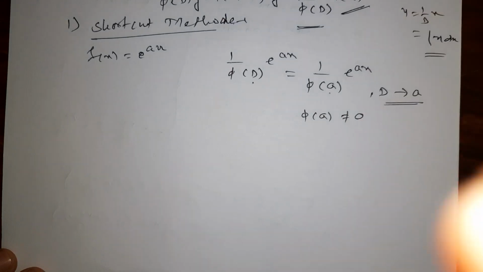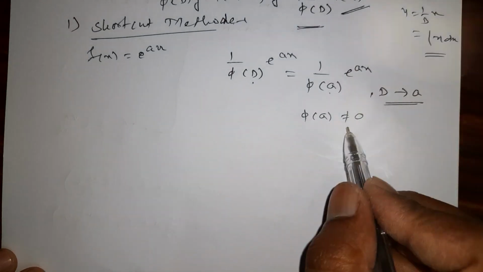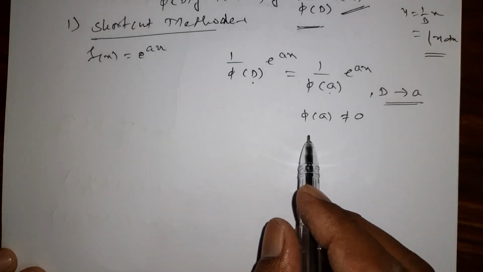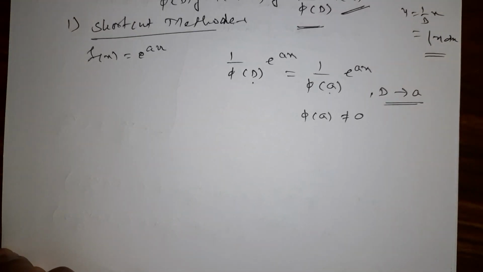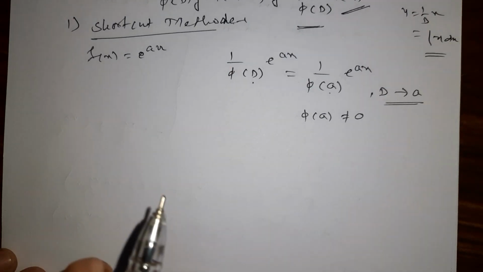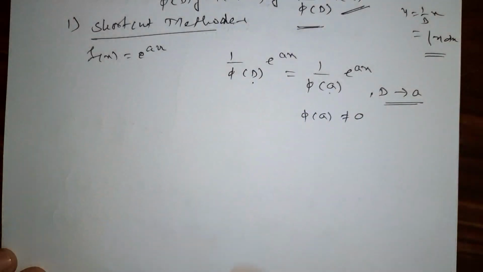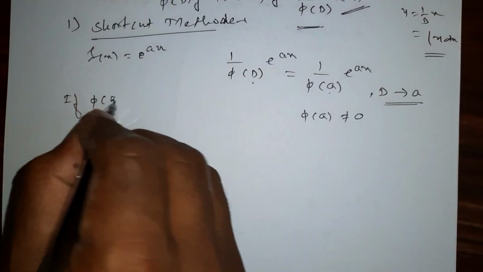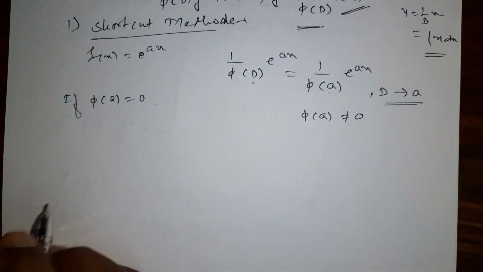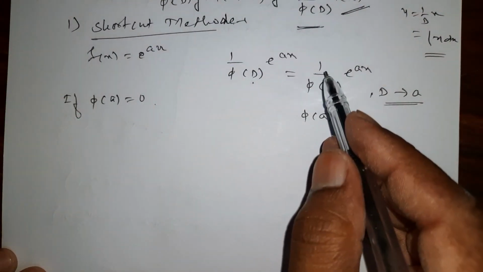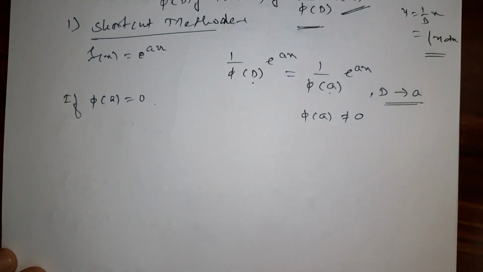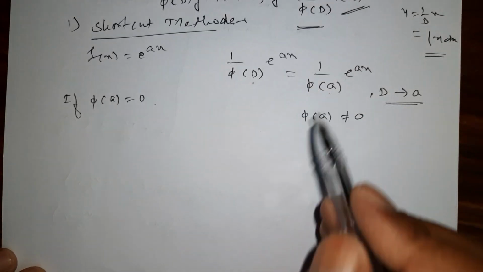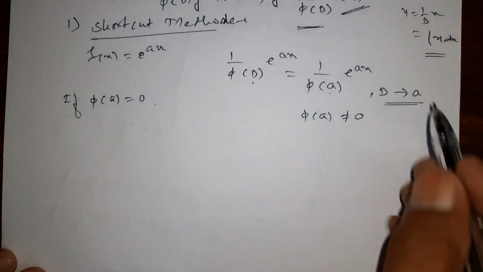So here phi of a not equal to 0 we take. If phi of a is equal to 0, what happens? This concept we have to remember throughout all the examples. If phi of a is equal to 0, then you have to multiply by x and take the derivative of the denominator. Keep in your mind my sentence. You have to multiply by x, take the derivative of the denominator, and again replace D by a.